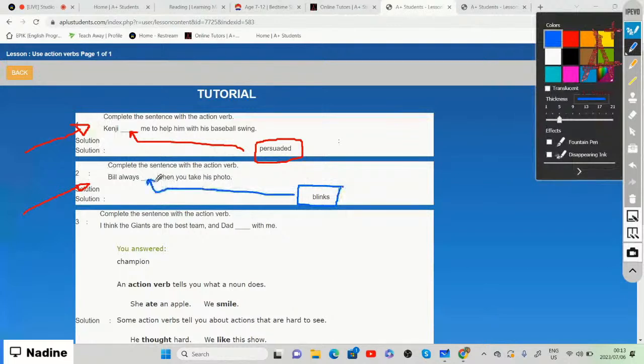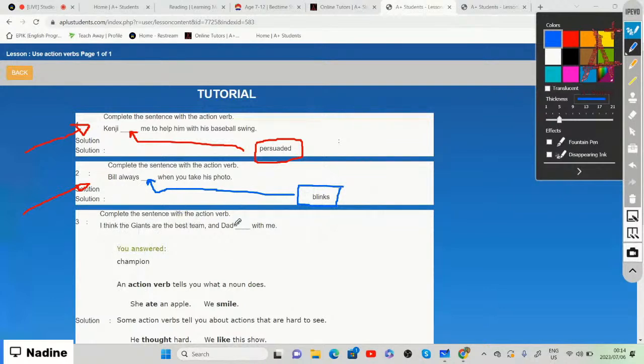I blink because sometimes you need to pose for a very long time with your eyes open, so by the time the picture is taken, you blink. So Bill always blinks. This is what he does with his eyes when you take his photo. Blinks.